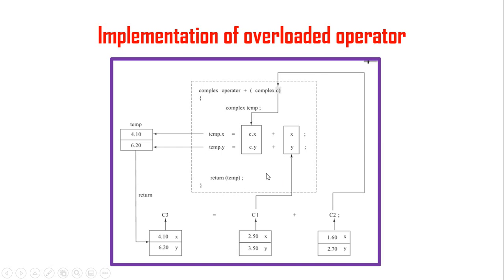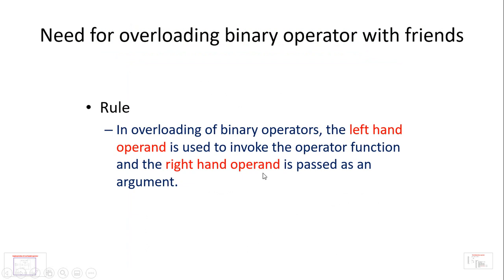But here is another requirement, if you look into it. The left hand operand must be an object, and right hand also should be an object, because left hand is going to be an object that invokes the overloading function, isn't it?